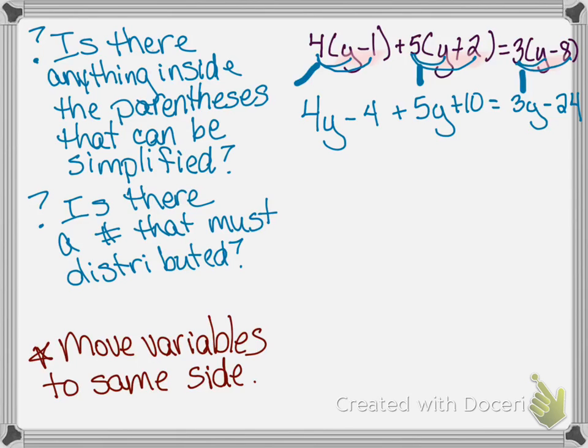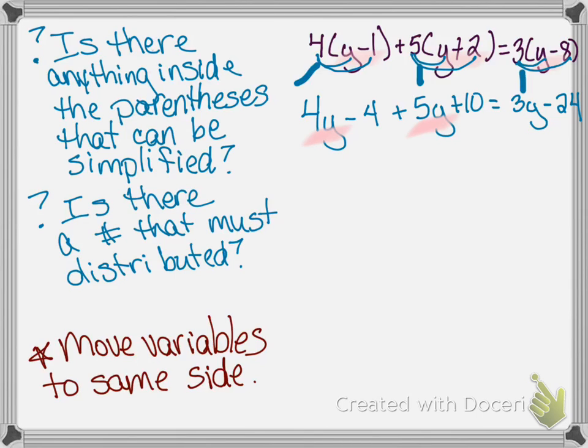Now, we've got 4y and 5y on the same side. So here's 4y and here's 5y. Before I start dealing with that 3y that's on the other side of the equation, I want to combine like terms on each side of the equation. So we're not doing opposites or anything.